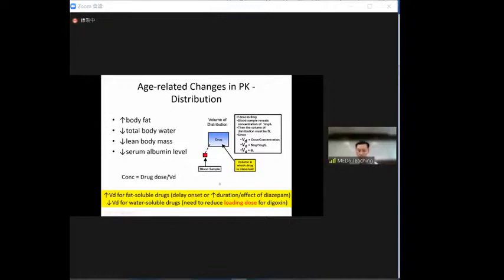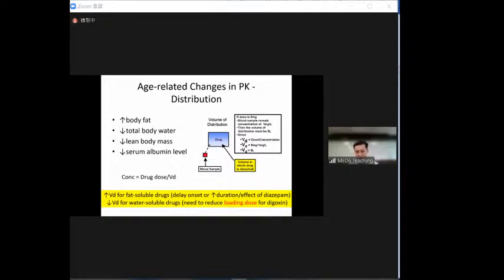The definition of the volume of distribution is the apparent volume in which the drug is dissolved when we check the blood concentration of the drug, and it represents this apparent volume in the body. So this is not a real volume, but a theoretical volume of the drug that is dissolved in the body.